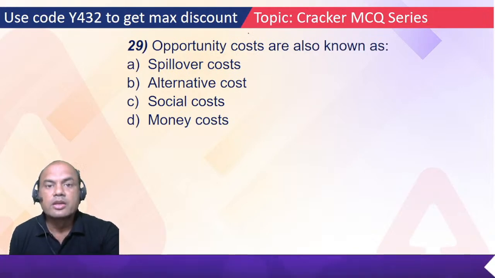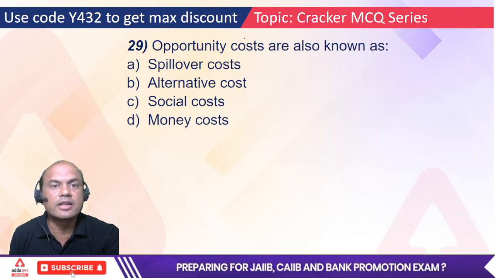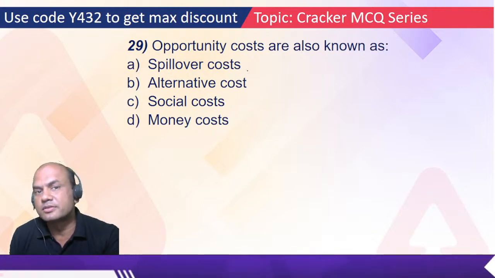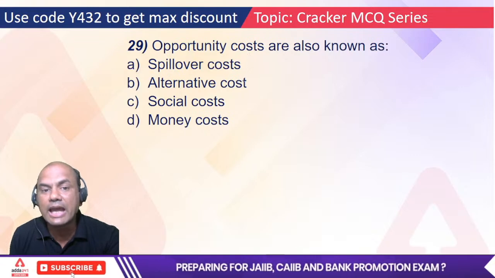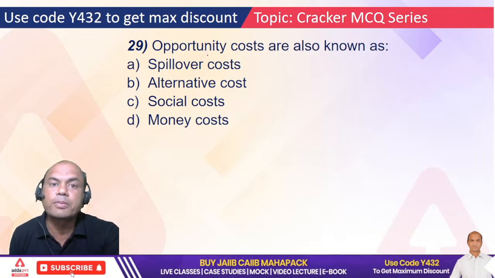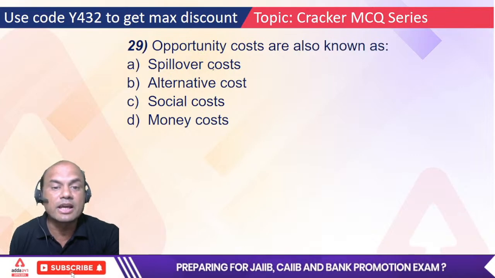If I put it in FD, then what am I losing? I am losing those 10%. That is opportunity cost. Whatever I am losing for not investing or not performing anything is known as opportunity cost.